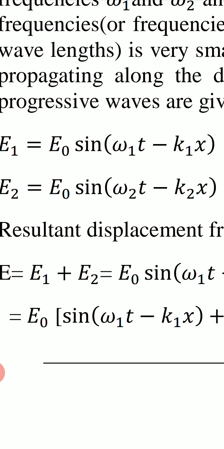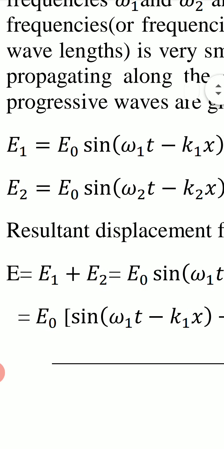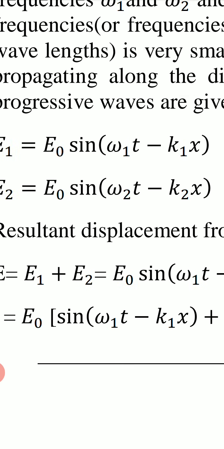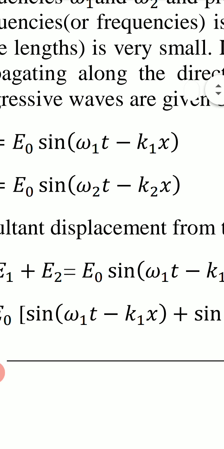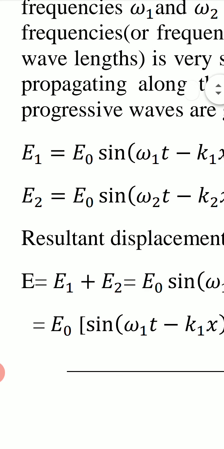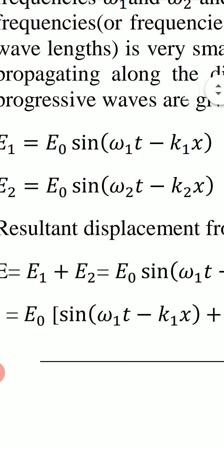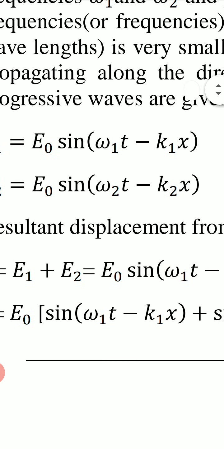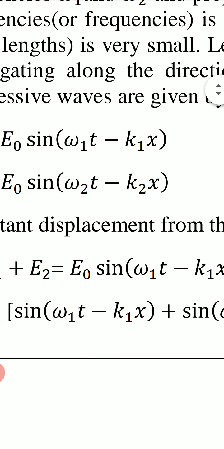Here E0 is the amplitude, which is the same for both the waves, and angular frequencies are omega 1 and omega 2 respectively, and propagation constants are k1 and k2 respectively. We assume that the difference between omega 1 and omega 2 is small, and the difference between k1 and k2 is also small.